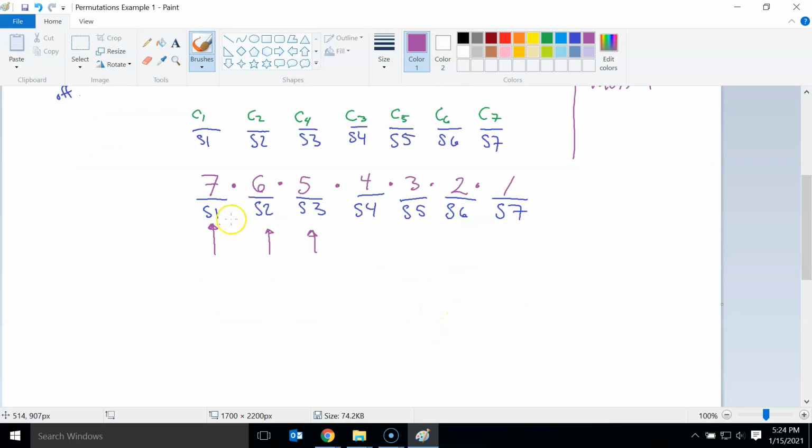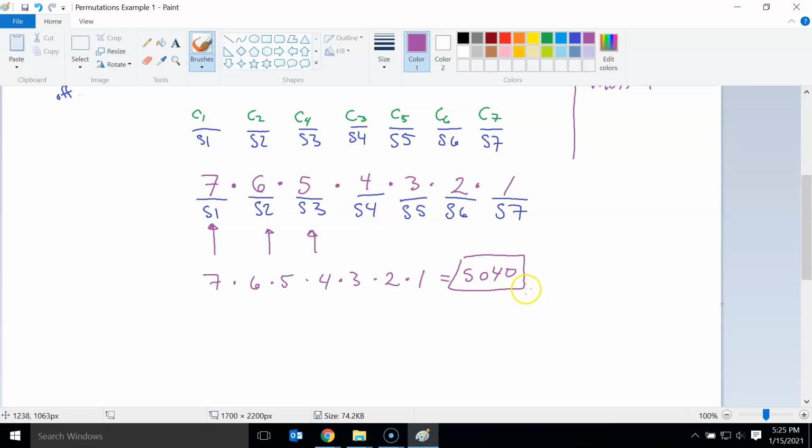And using the multiplication principle, we do end up with 7 times 6 times 5 times 4 times 3 times 2 times 1. And that would equal 5,040. So there are 5,040 different orders in which the saleswoman could go to each city.